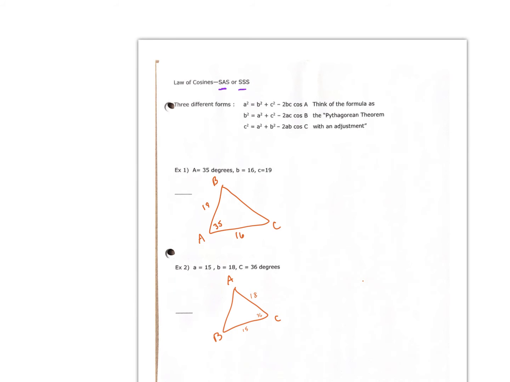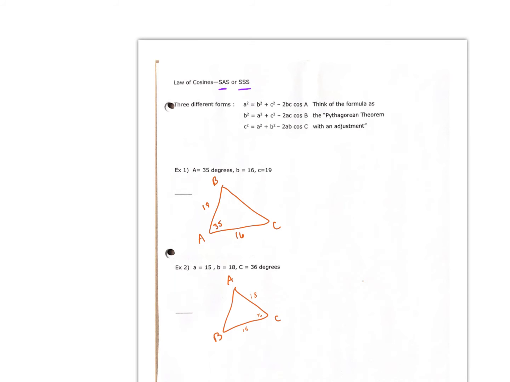I need you to notice if we have more sides given than angles, then we're going to have to use the law of cosines first. The good news is that once we've used the law of cosines once, then we can move to the law of sines typically, okay?